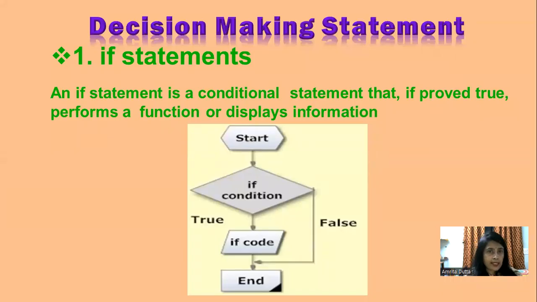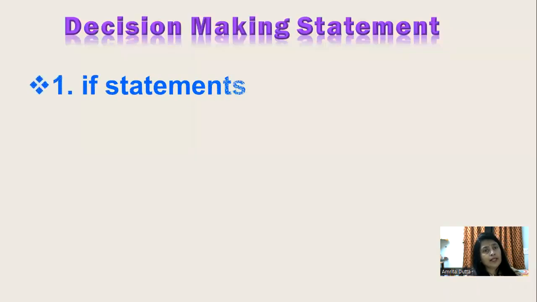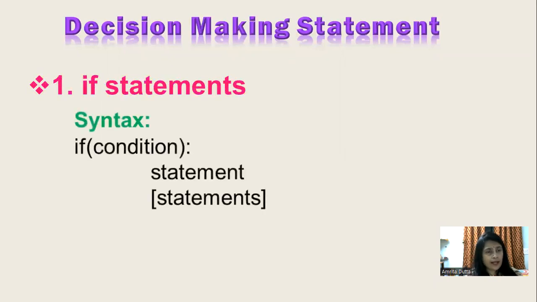Now, second type of decision making statement, see here, if statements. We can see the syntax here, which we have already used just now. If the condition is true, then one statement or multiple statements can be executed.